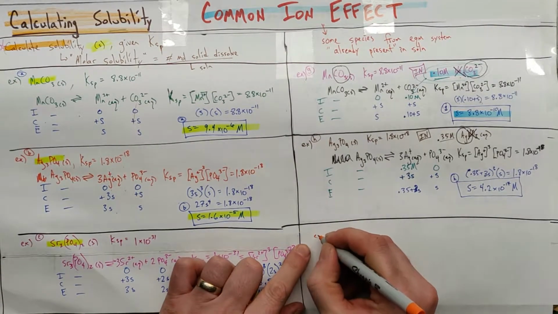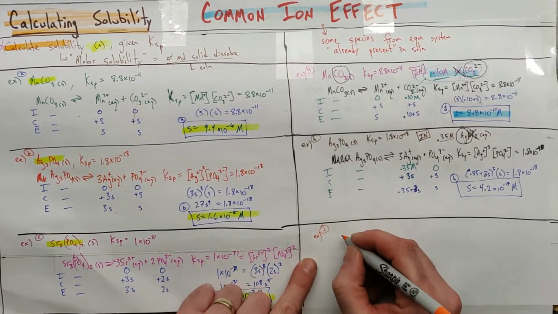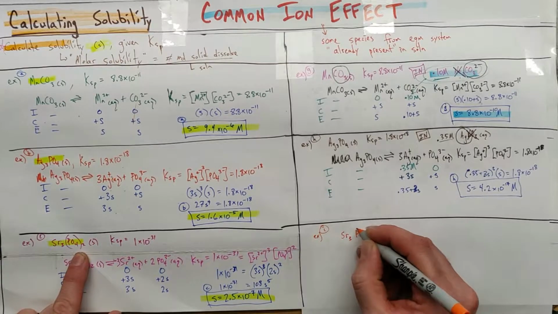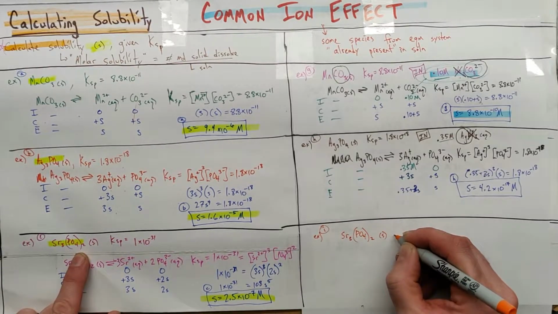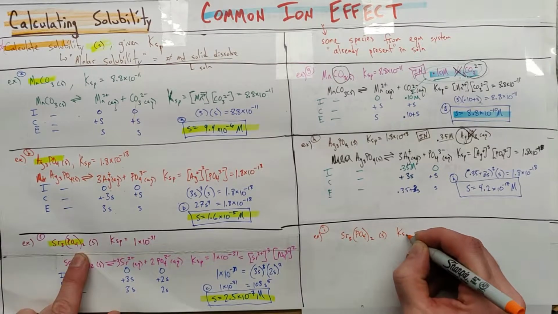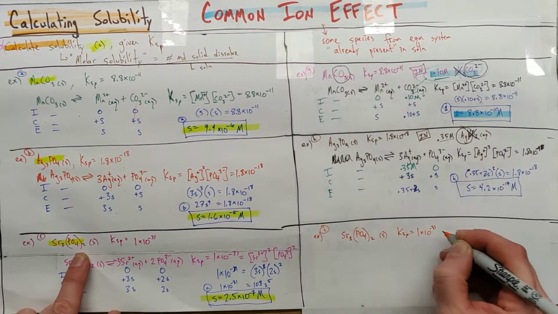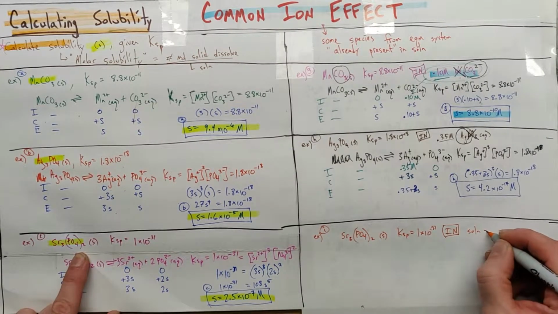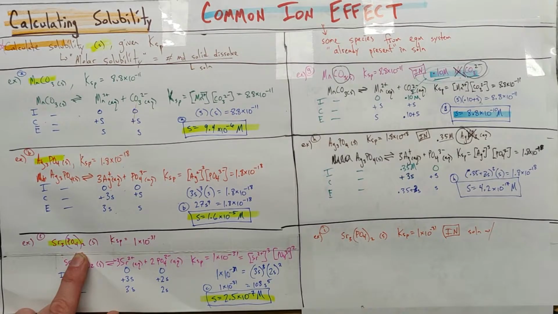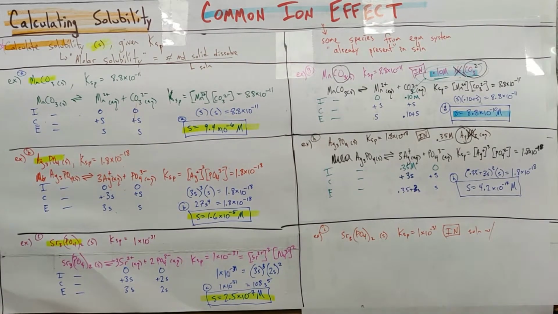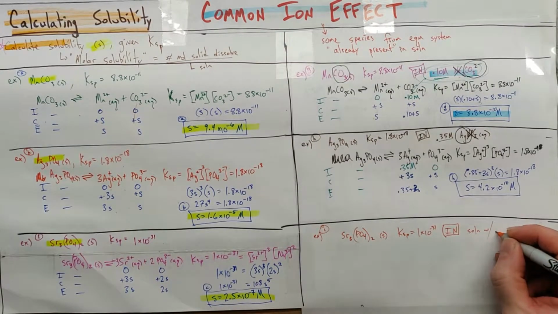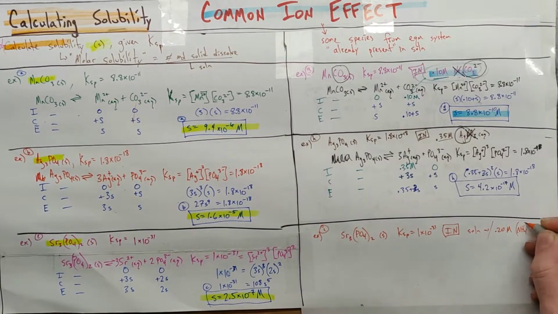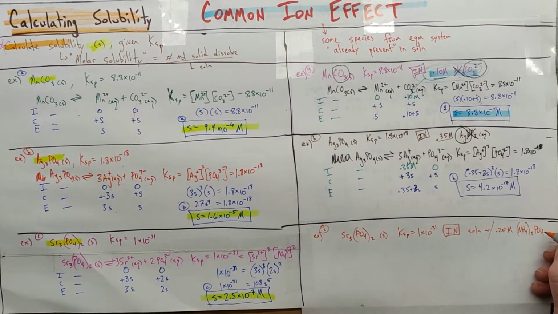We're going to do, for example, strontium phosphate, just to pull something out of thin air because it's right over there, with a KSP of 1 times 10 to the minus 31st, in solution with 0.20 molar, say ammonium phosphate, NH4 3PO4.